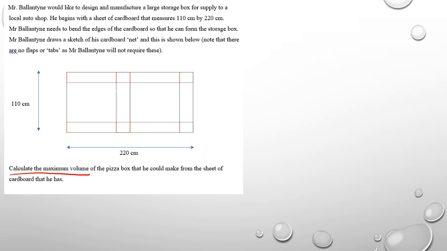So the box is just a rectangular prism. The rule for the volume is volume equals height times length times width. That's how you find the volume of rectangular prisms.